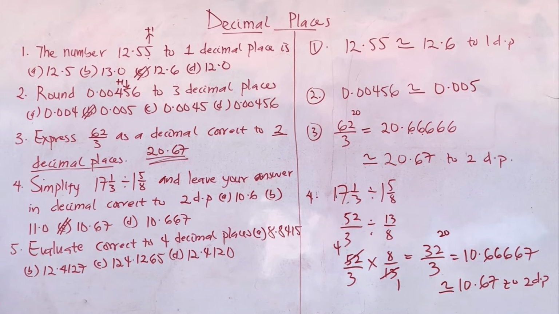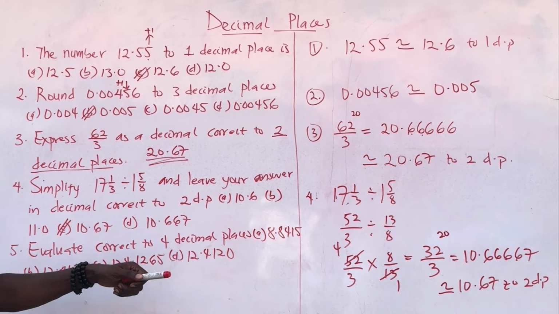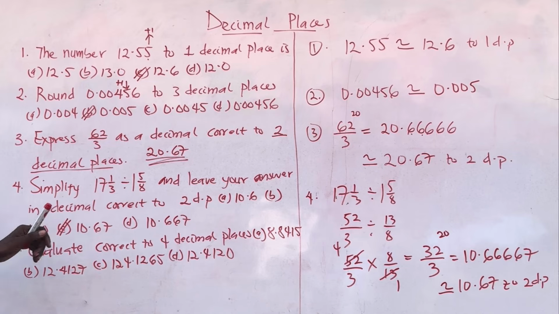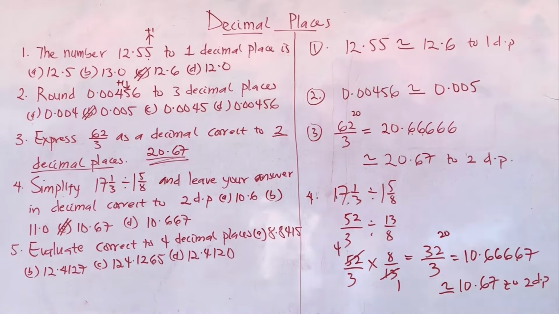So I believe by now the picture is already clear. So number 5 says evaluate correct to 2 decimal places. Okay, the question itself is missing. Let me check and add the question quickly. Give me a minute.